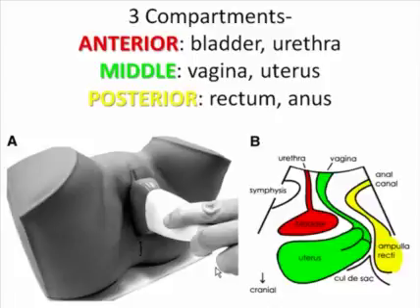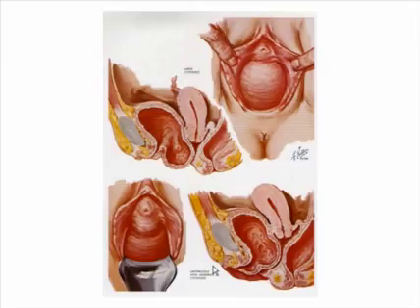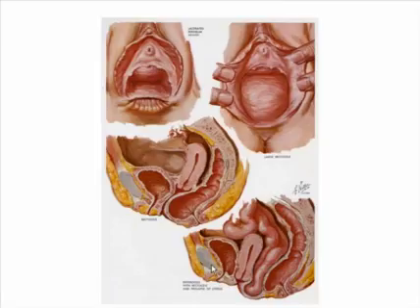Most pelvic floor disorders are multi-compartmental, and they present to the clinician, such as shown in this Netter diagram. A large cystocele basically is a bulge as you look in, and you're not sure really if that's a cystocele or a rectocele based on just visual inspection, because here's a rectocele.